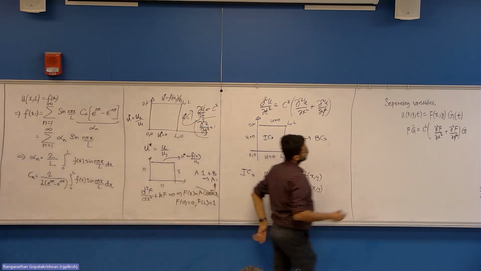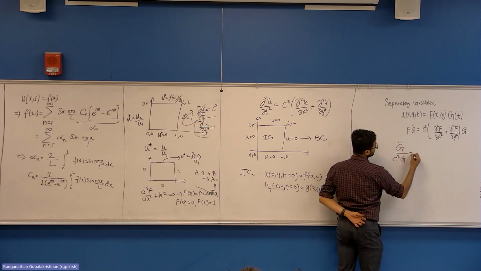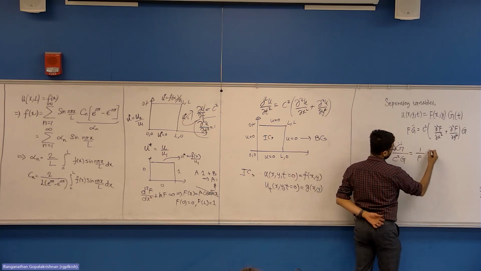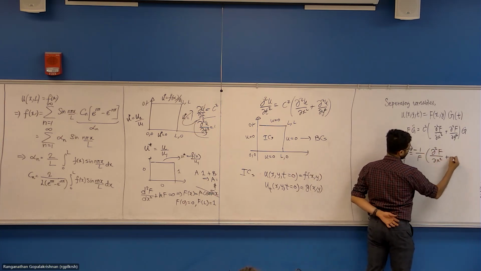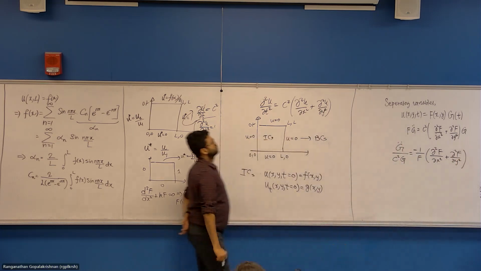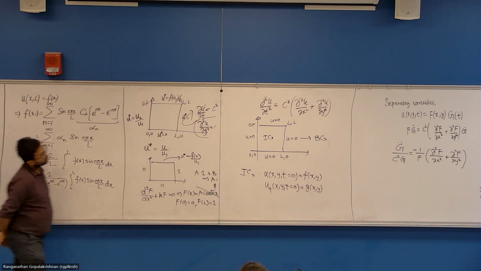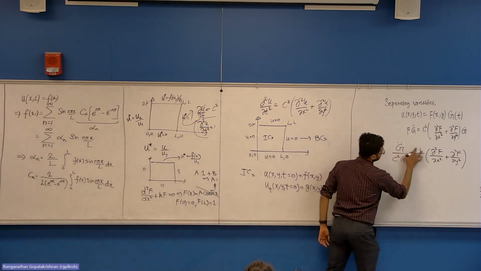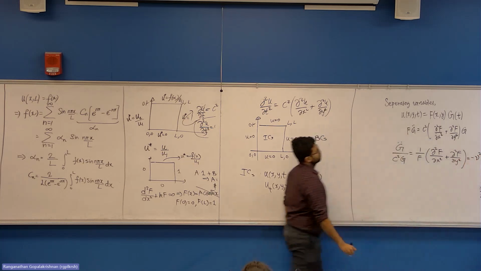So we'll rewrite this: G double dot over c squared G equal to 1 over F times the partial derivatives of F with respect to x and y, and we'll say this is equal to negative nu squared, where nu is a real number.